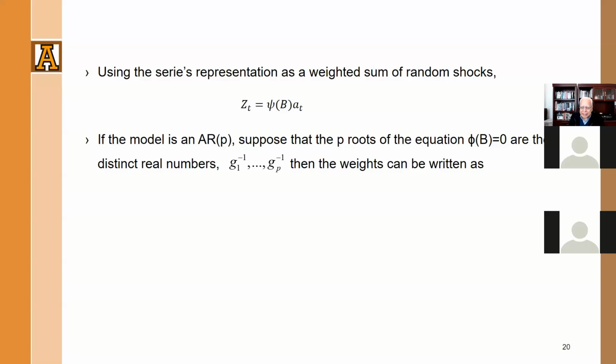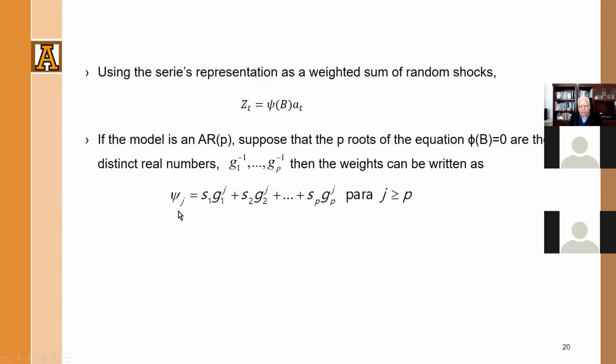If the model is an AR of order p, and the roots of the equation are these distinct numbers g1 through gp, then the psi weights can be written in this form.